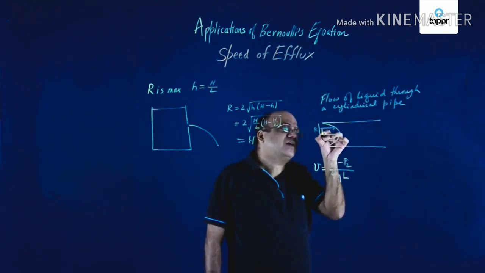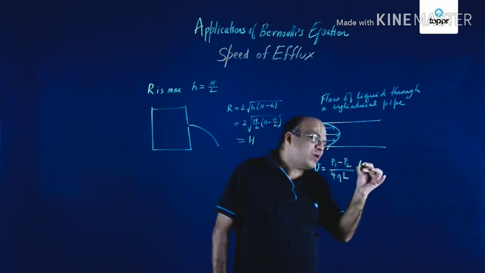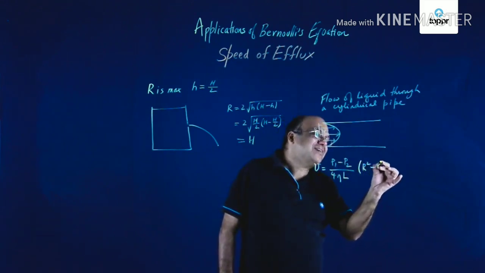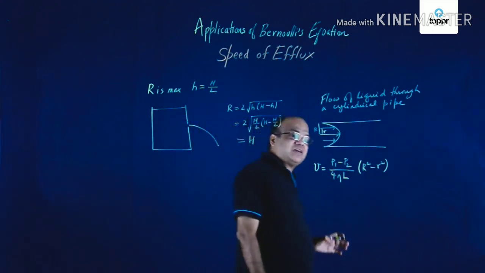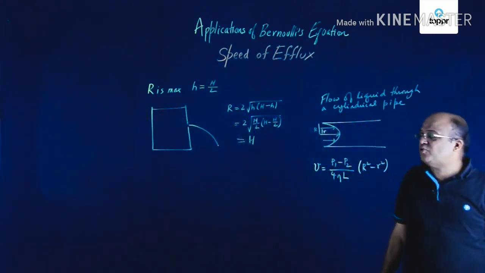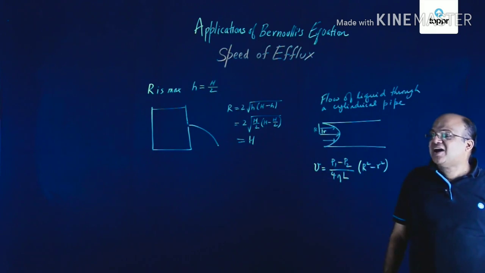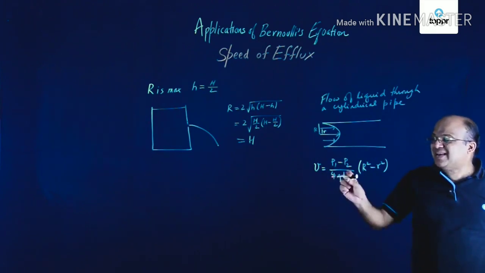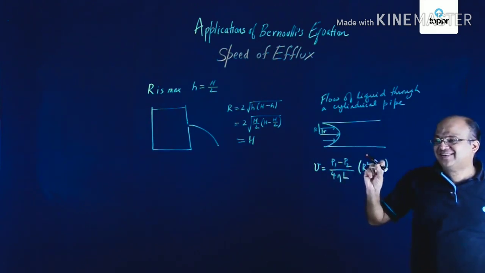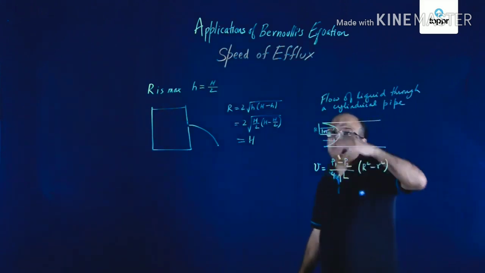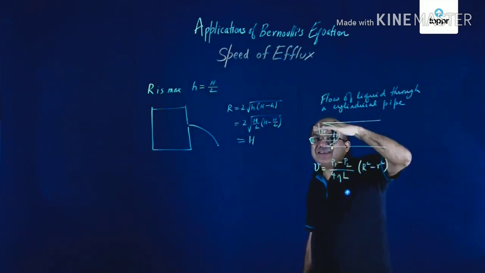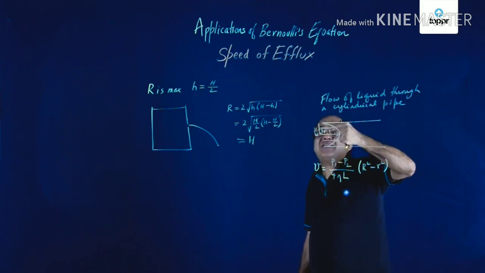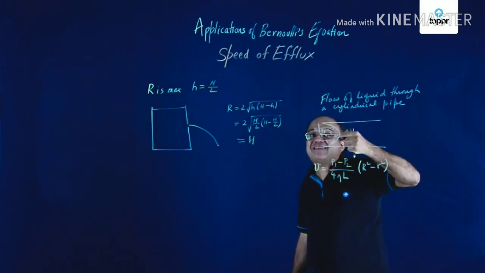This gives us the velocity at any point in a cylindrical pipe: (P1 minus P2) by 4 eta L, into (R square minus r square). Eta is the coefficient of viscosity, right? So this gives us the flow speed at different points in a cylindrical pipe.